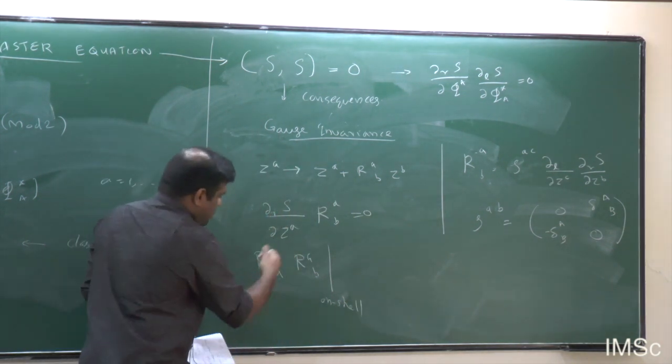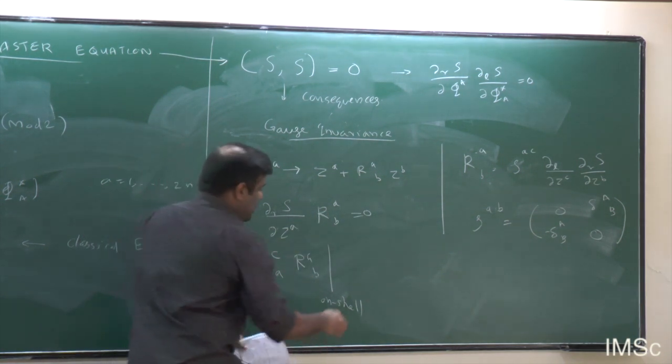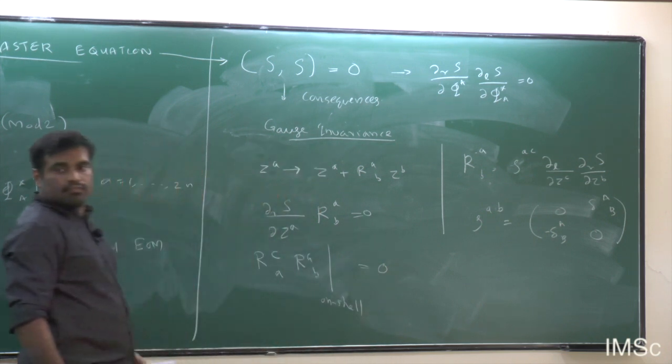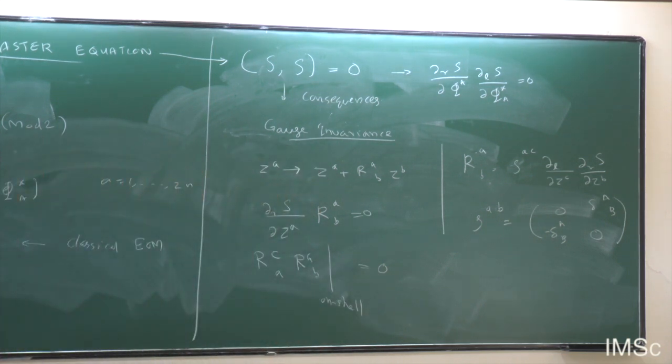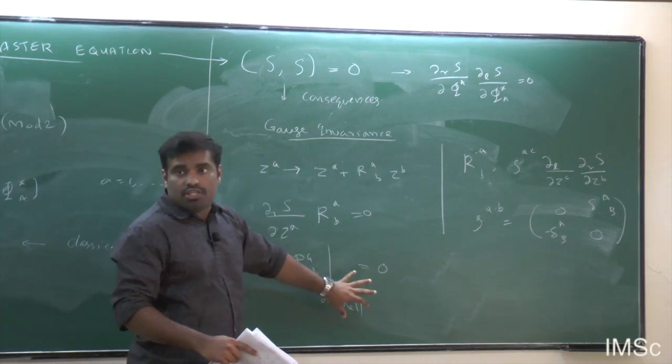When you do this multiplication, it's basically just taking the square of matrix R, and this vanishes. So you identified that this matrix is nilpotent on-shell.